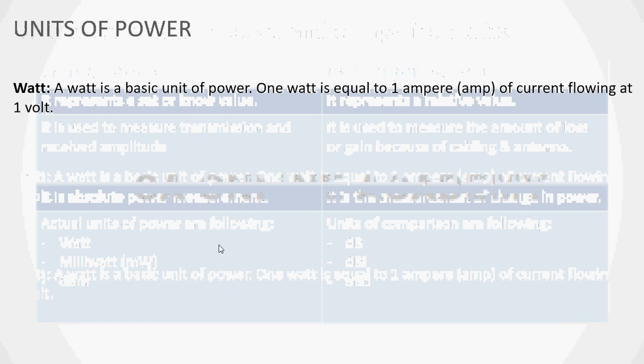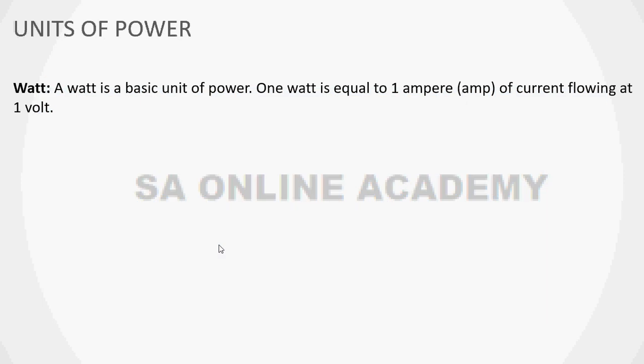A watt is the basic unit of power. 1 watt is equal to 1 ampere of current flowing at 1 volt. A watt is named after the scientist James Watt. So this unit is the basic unit of power. It is the reference.